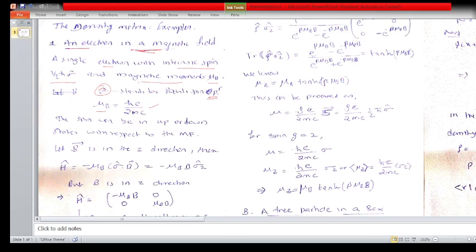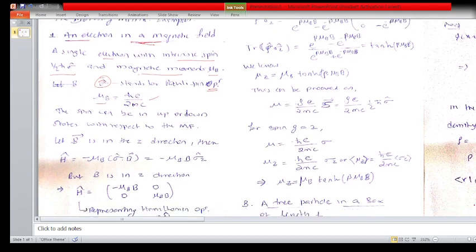These are the initial conditions or properties associated with this single electron.